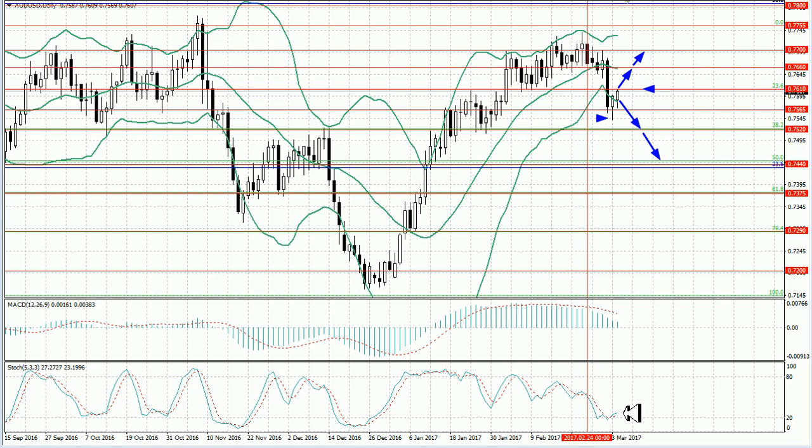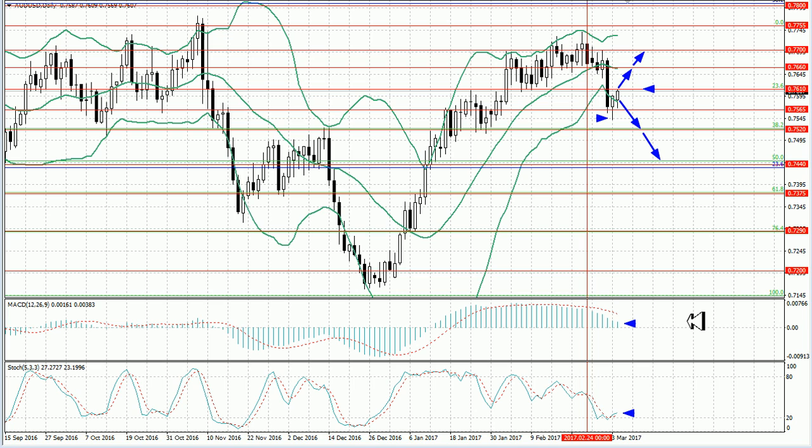Stochastic is moving sideways within the oversold zone. MACD histogram is decreasing within the positive zone. Speaking of fundamental events of this week, we should pay special attention to the Reserve Bank of Australia's decision on interest rates.